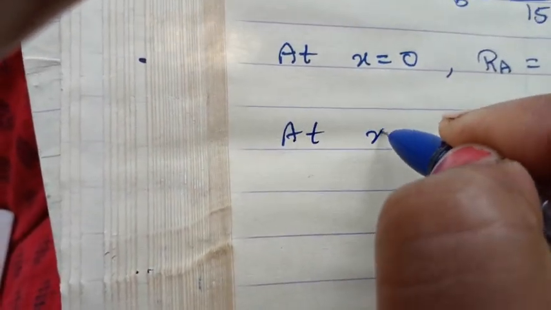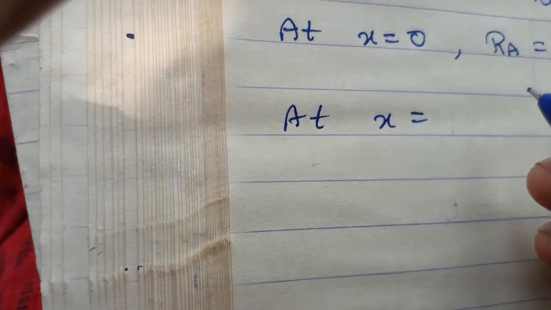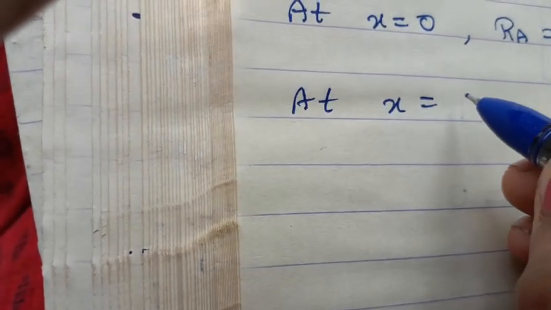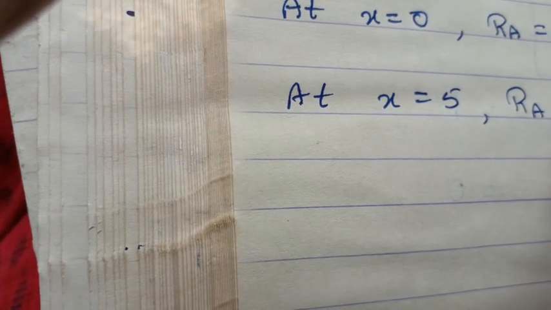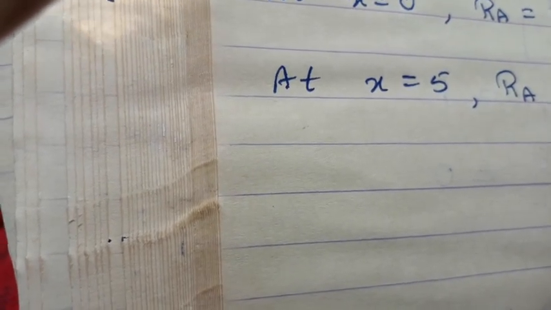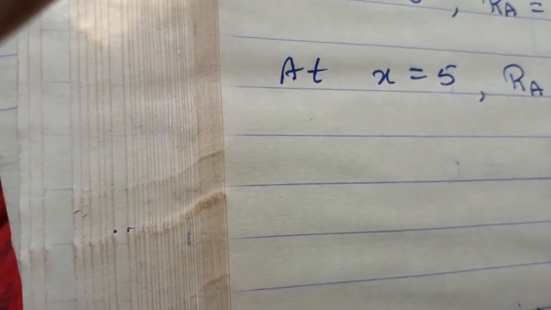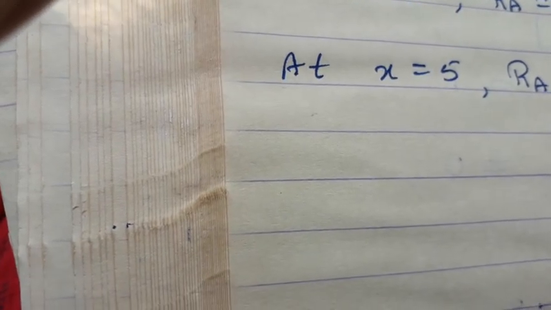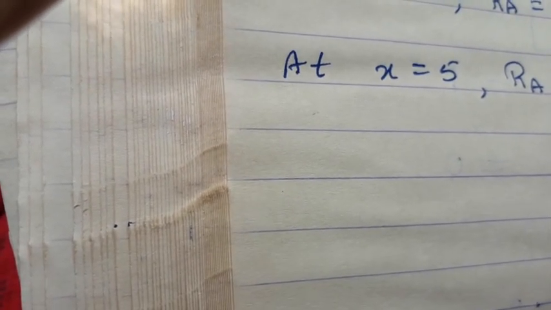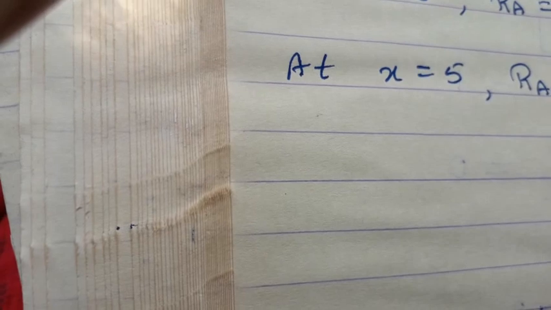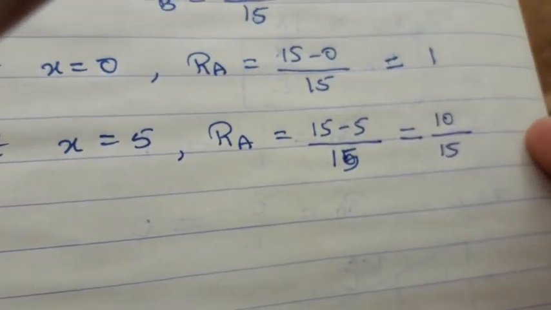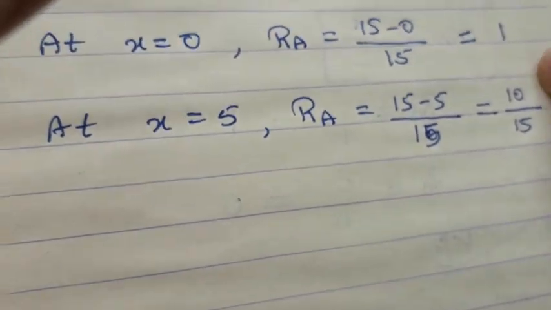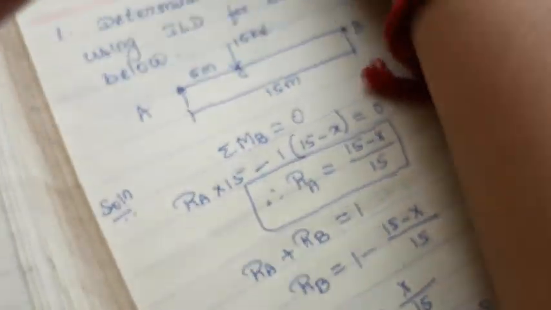At x is equal to 5, RA is equal to (15 minus 5) by 15, which is equal to 10 by 15.